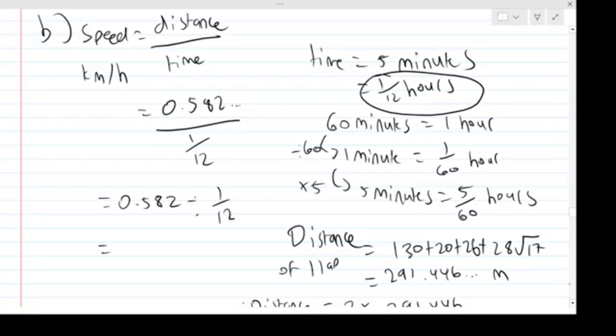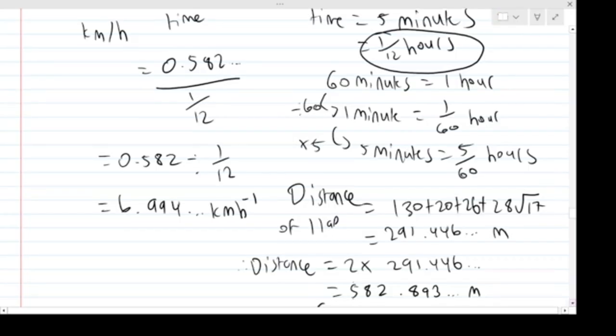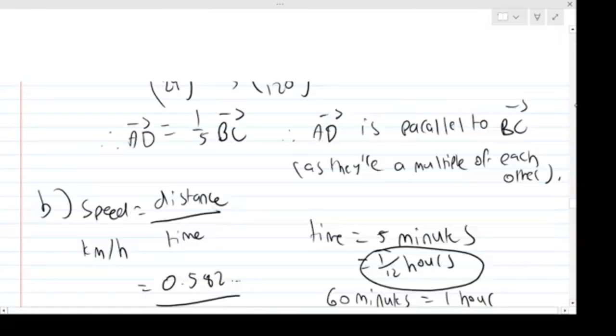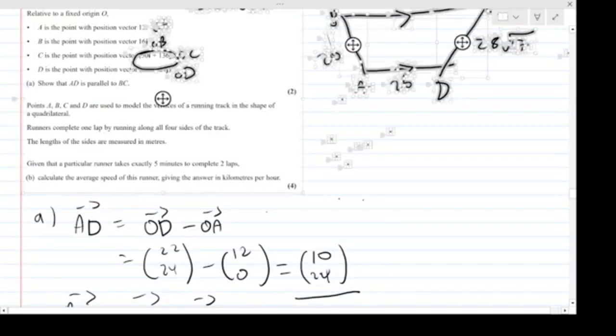So if we do that in our calculator, we get 6.994 and so on kilometers per hour. We could round it, probably say to 7, right? 7.0 kilometers per hour to one decimal place. But actually the question didn't specify to round it, so we're fine if we round it to whatever we want. But that is our answer then.